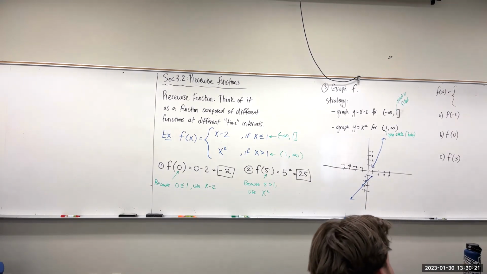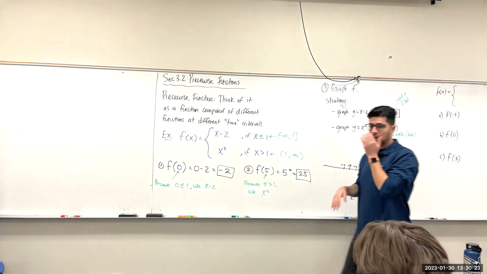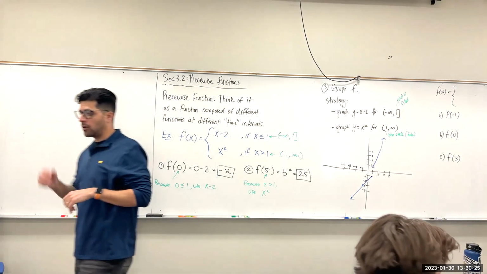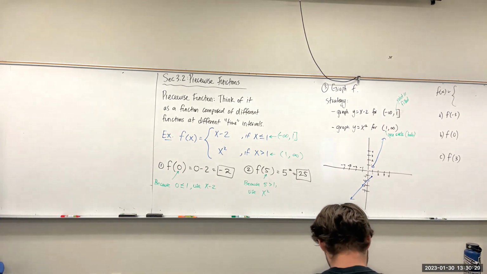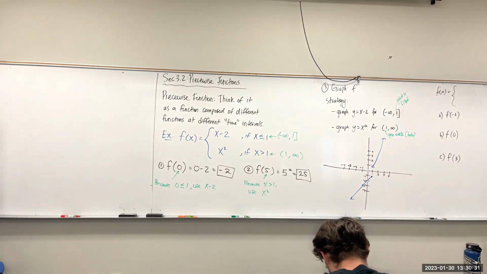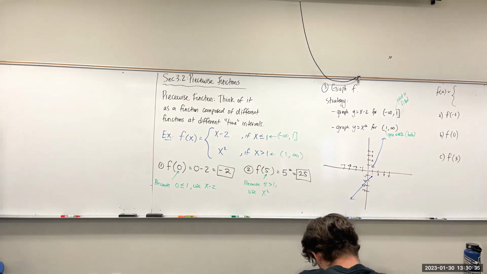Guys, you can use Desmos to help you with the graphs, okay? Yeah, I forgot there was a backside. And then check with your classmates, so your group mates, help each other out.